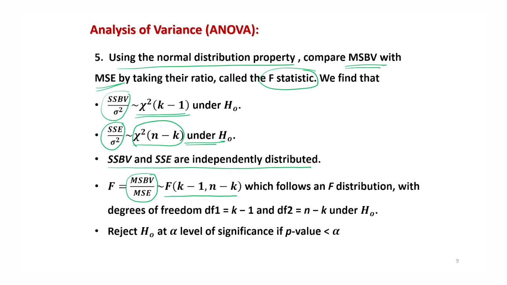This degrees of freedom k minus 1 is indicated by df1, and n minus k by df2. So the rule to test the hypothesis H naught: mu1 equal to mu2 equal to mu k is to reject H naught at alpha level of significance if the p value is less than alpha.